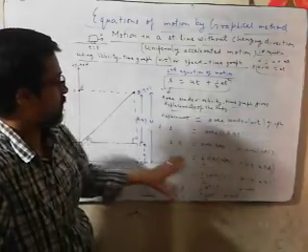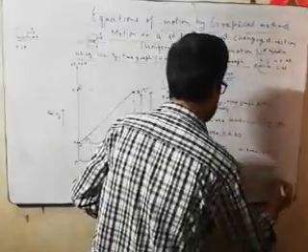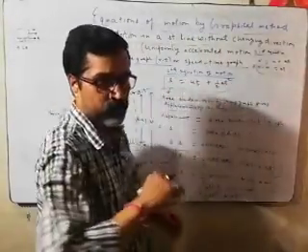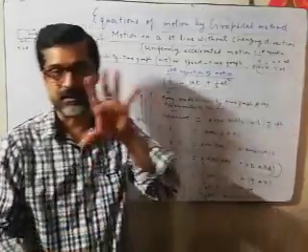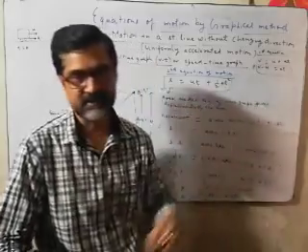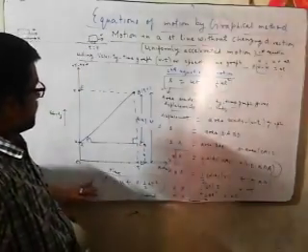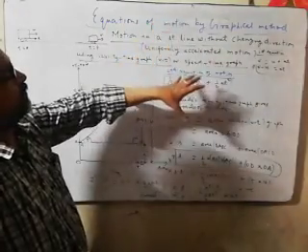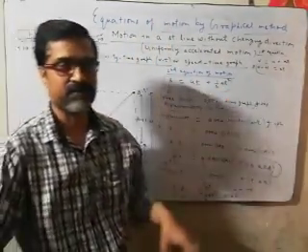We used our basic concepts of geometry to get the area of a triangle and the area of a rectangle. Then we put in all the data and got the second equation of motion proved: S is equal to UT plus half AT square.